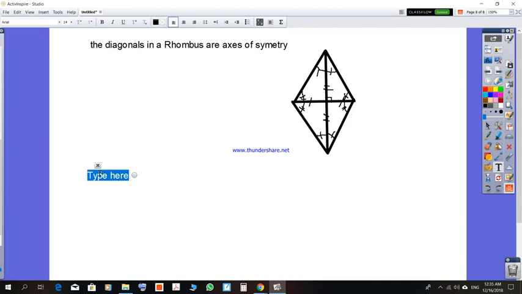But with respect to the square, the square has four axes of symmetry.